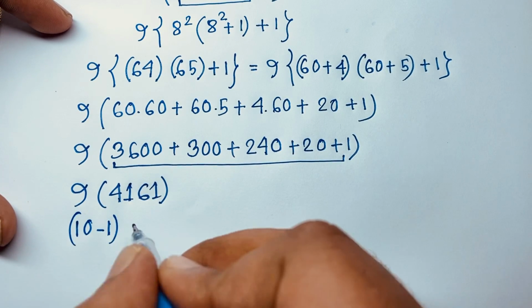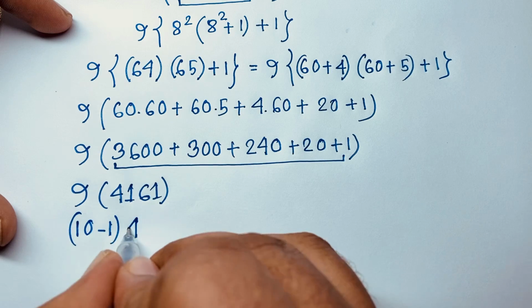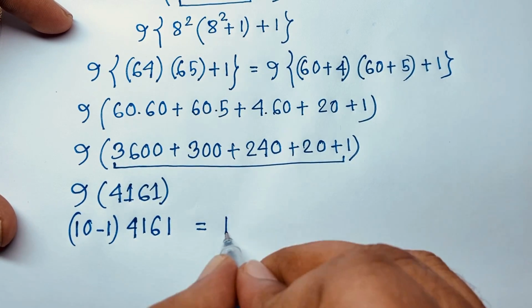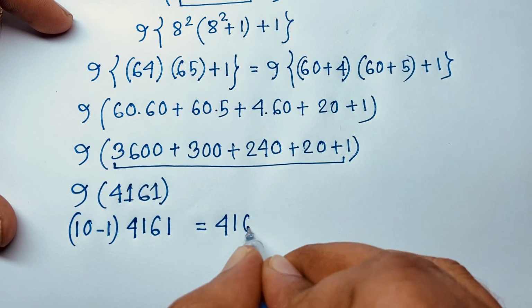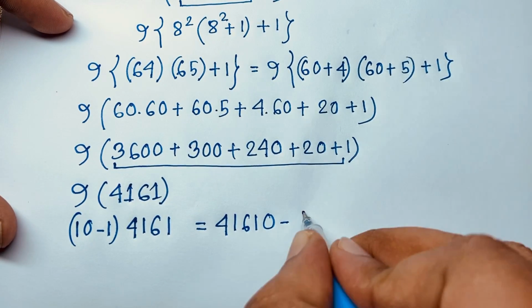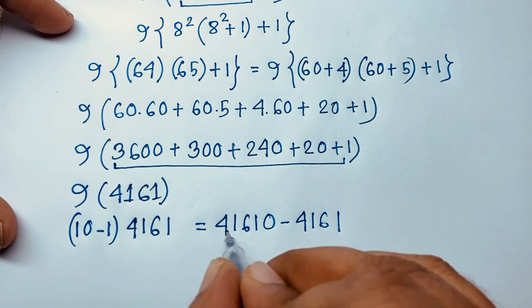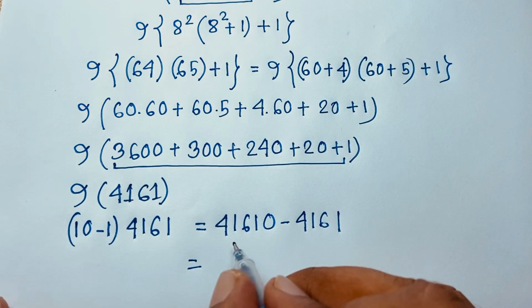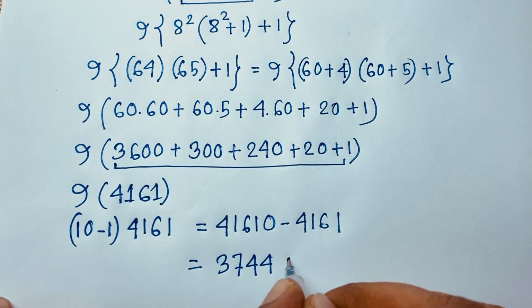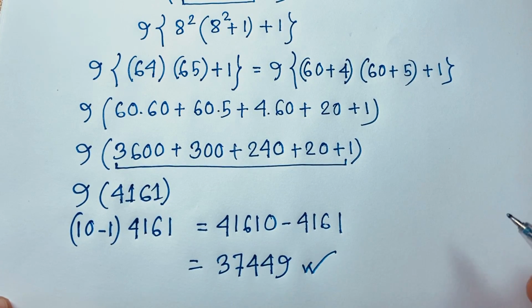I solve this question step by step. Then here is 4161, and I take 10 times 4161, which is 41610, and minus 4161, then this minus this is 37449. This is our final answer in this Maths Olympiad question.